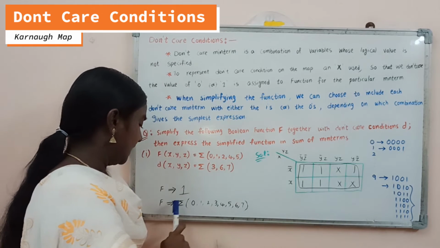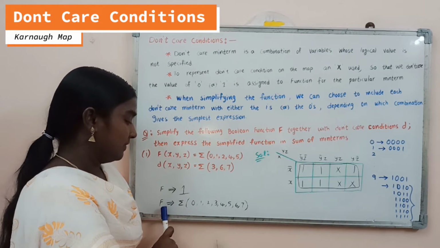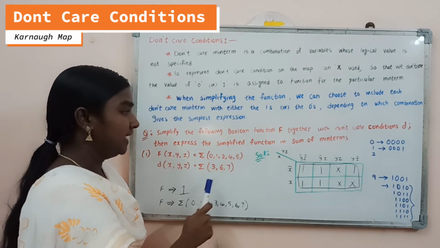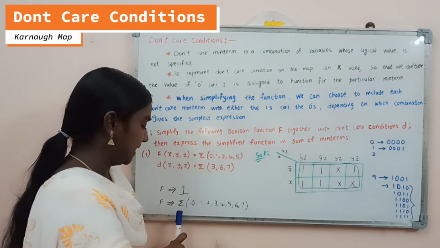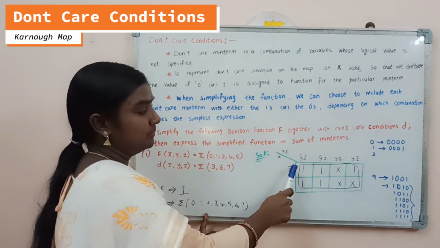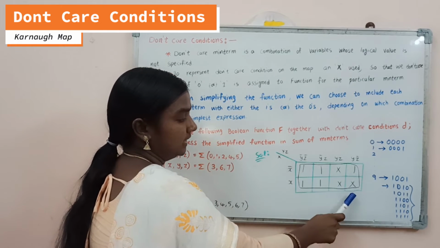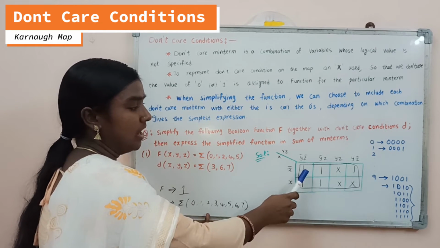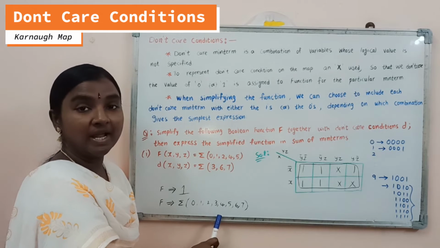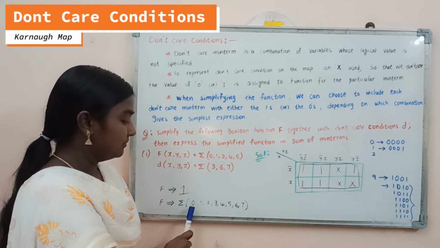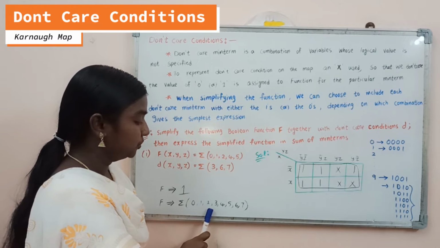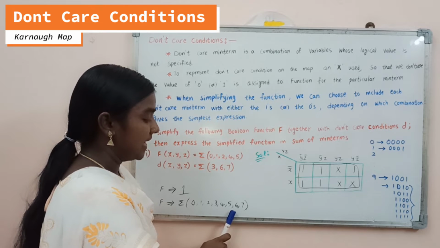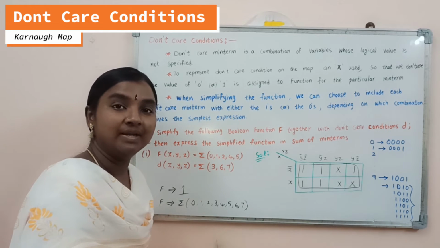The simplified function we can write in sum of minterms: sum of 0, 1, 2, 3, 4, 5, 6 and 7.